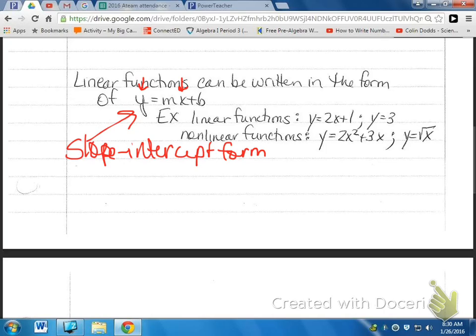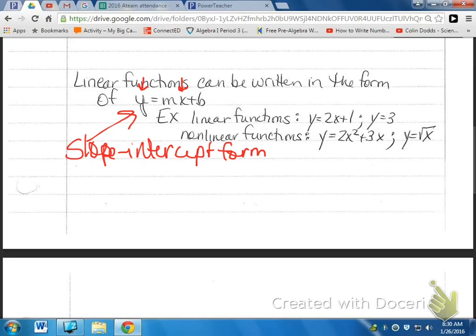As long as it has one of those, it's a line. The m and the b are numbers that represent the slope and the y-intercept. They could be any integer or fraction, any real number basically, and can even be 0 and still be in slope-intercept form.